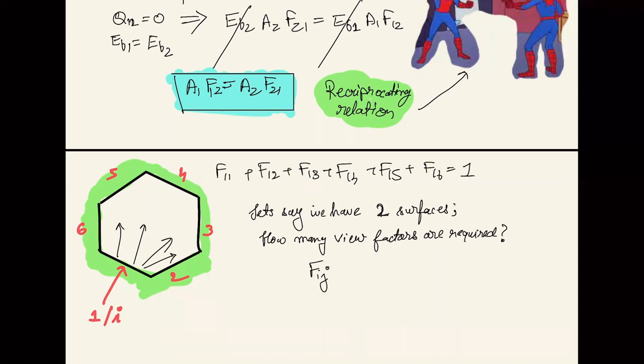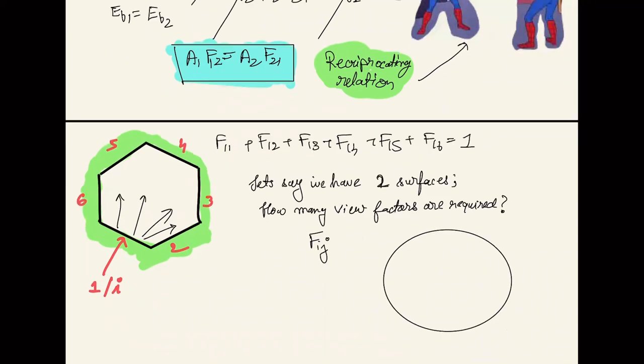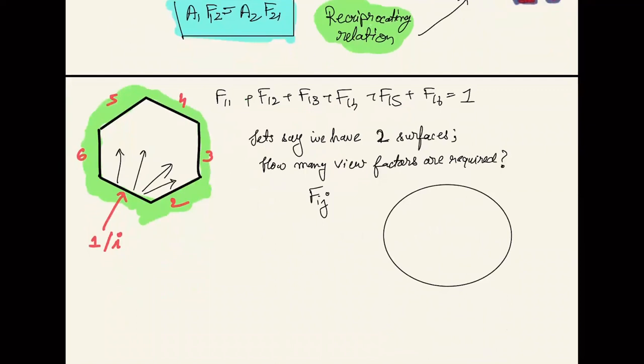Okay, I will try to make the case simple. Okay, let's say I have two concentric spheres, or two concentric ellipsoids for this case, right? Two concentric ellipsoids. Okay, and this is say area 1, so this is say area 2, and this is say area 1.